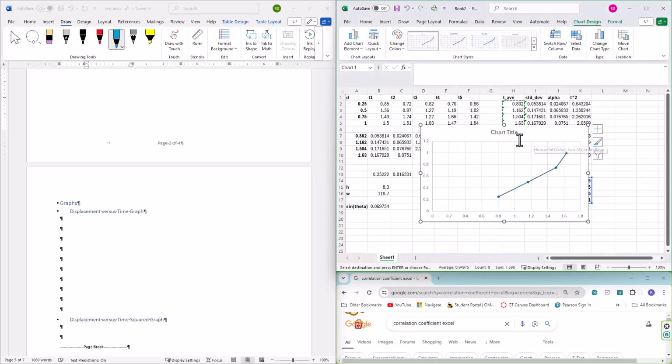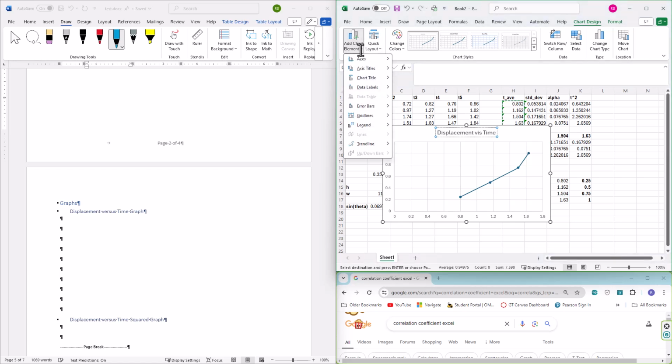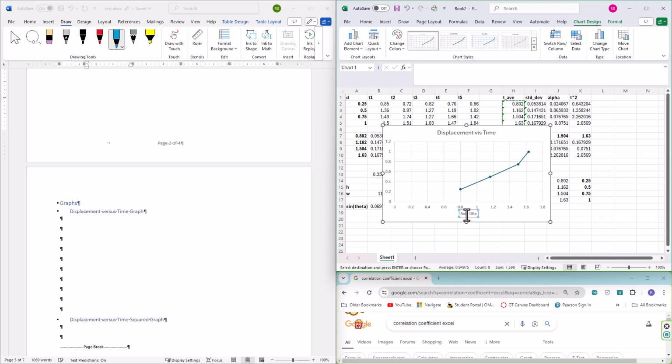Now we also want to do a little work with this. We don't just want to leave it like this. In the chart title, we can type in displacement versus time. Then we can come over to add chart element, axis titles, primary horizontal. That will be time in seconds.